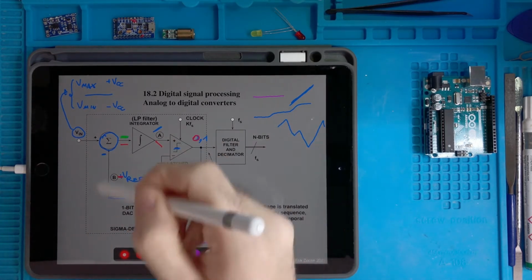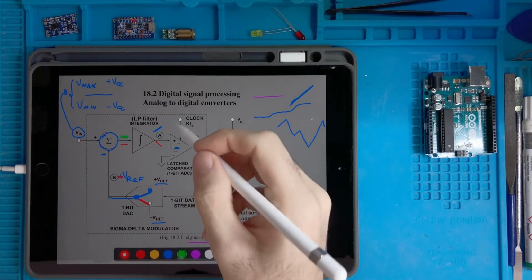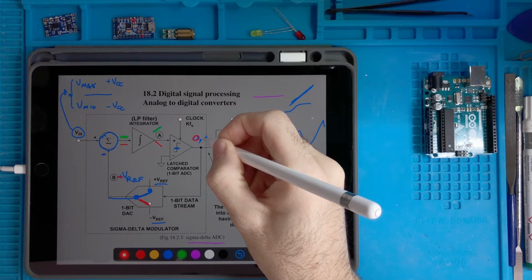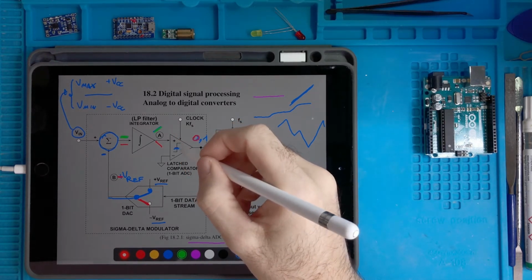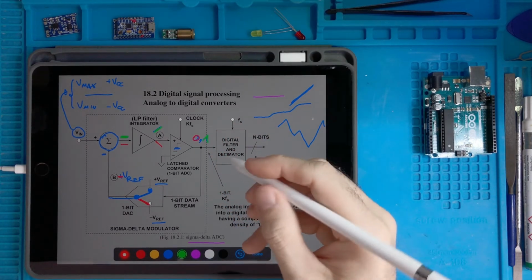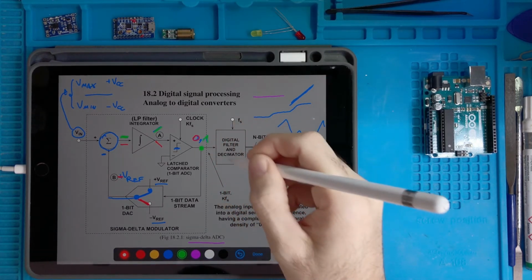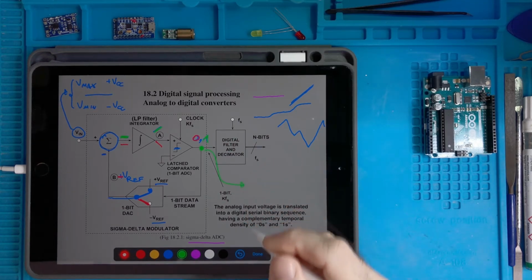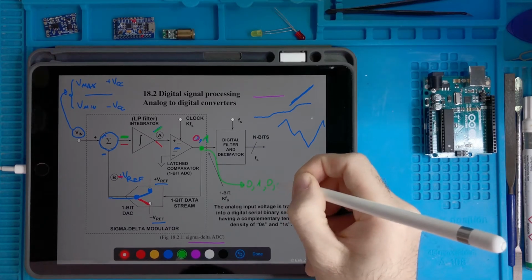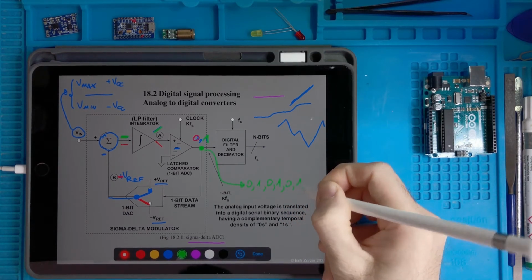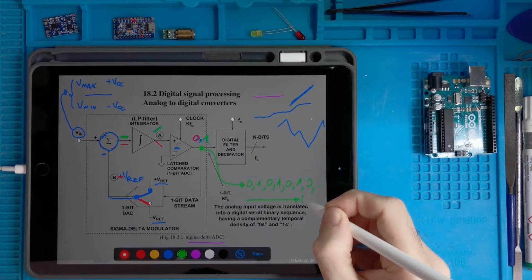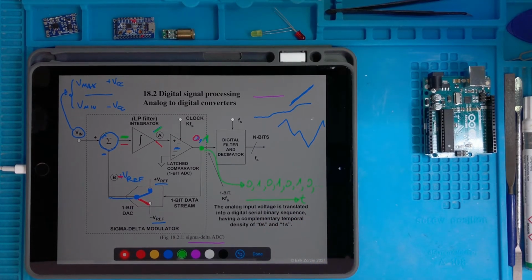This loop can be very fast. So now we have again a positive slope. The signal here surpasses the threshold, so we have a 1, and so out of this node we have a signal which is like this: 0, 1, 0, 1, 0, 1, 0, and so on as time is passing.